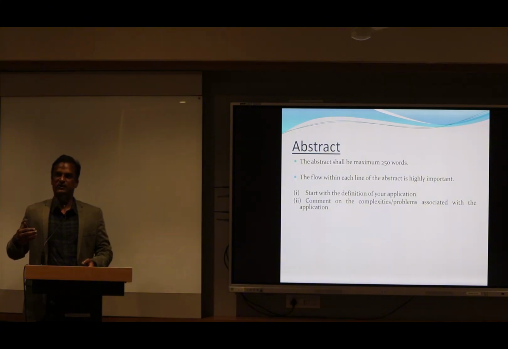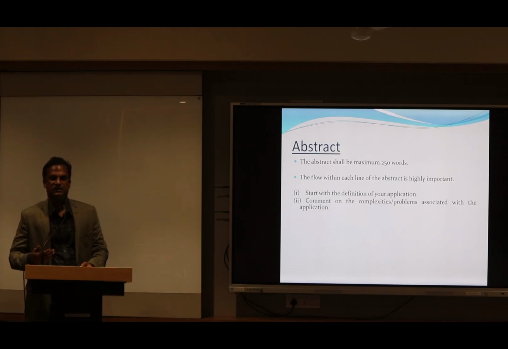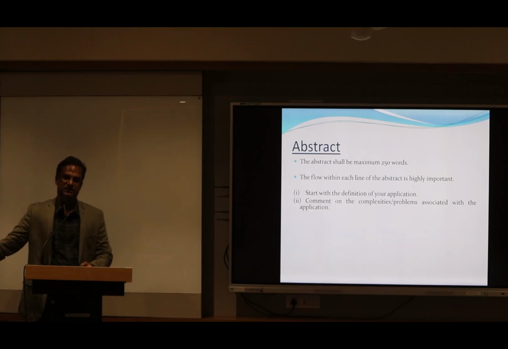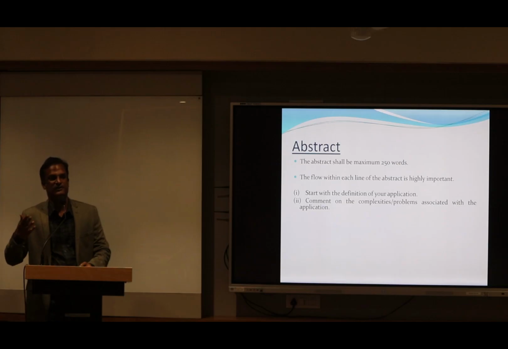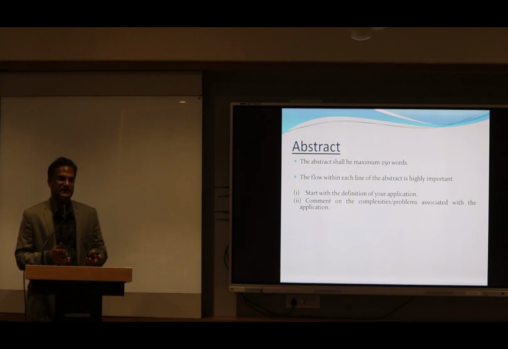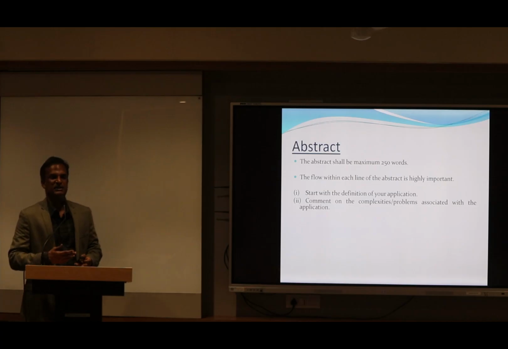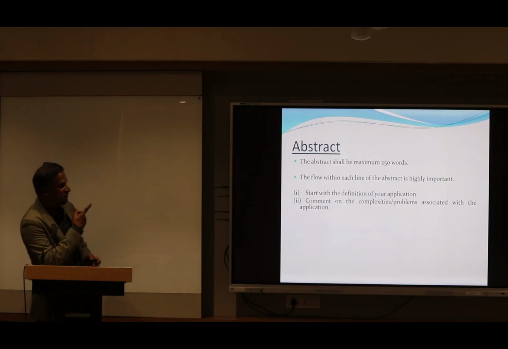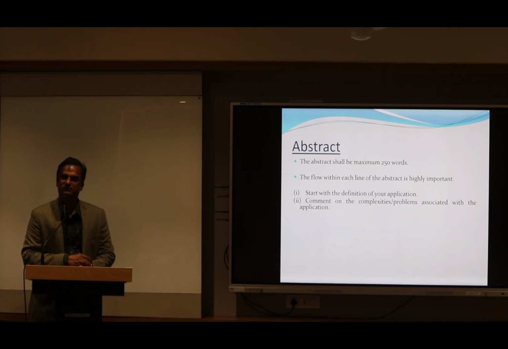Second, straight away, what is step number 2? Problem statement. If your problem statement is as complex as another statement, then the chances of your abstract getting selected will be high. But if it is too simple, do you remember the license plate example? Right? When the first statement is too simple, you will not be able to write anything on line number 2.